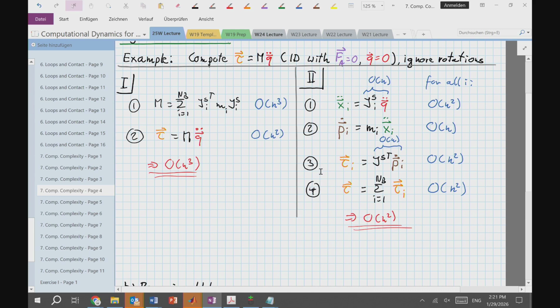And by now, you should see that we're actually doing exactly the same thing. Here I first compute the mass matrix, then sum over the individual mass matrices, then do the multiplication.